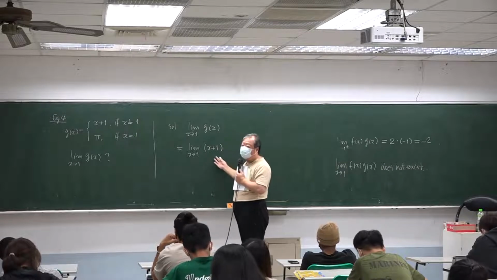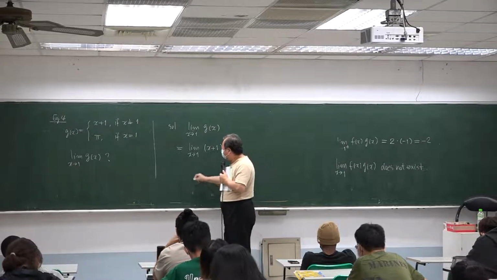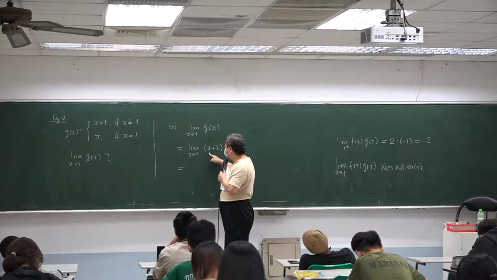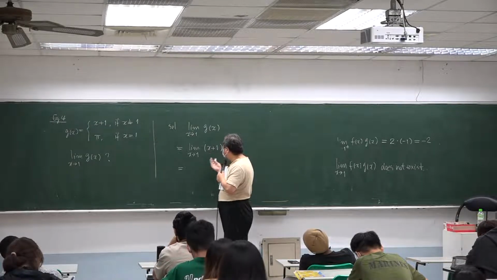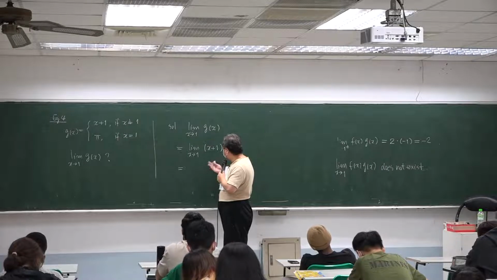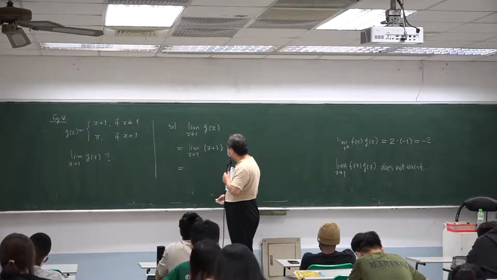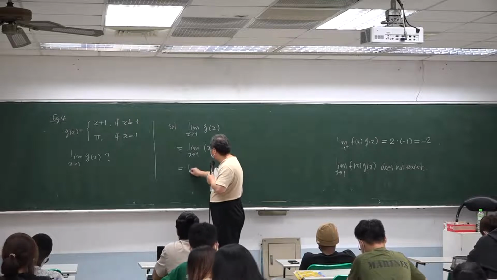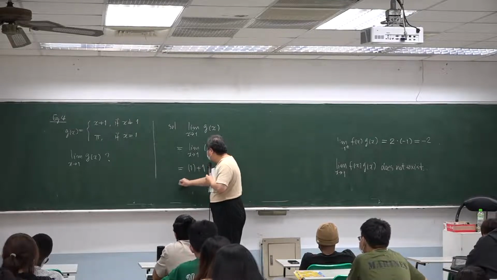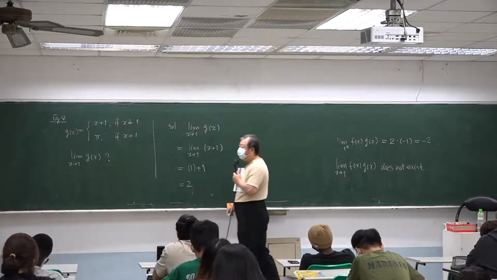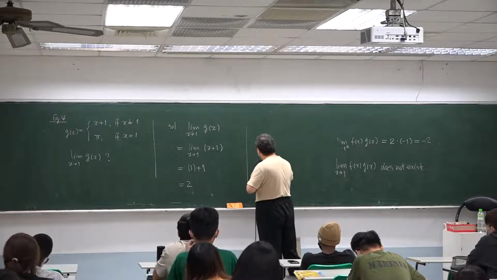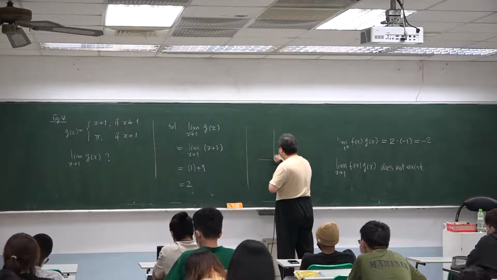And this is a polynomial function, a constant function plus the identity function, so we may obtain this answer by direct substitution by letting x equals 1. 1 plus 1 is 2. Of course, the geometric interpretation is this.